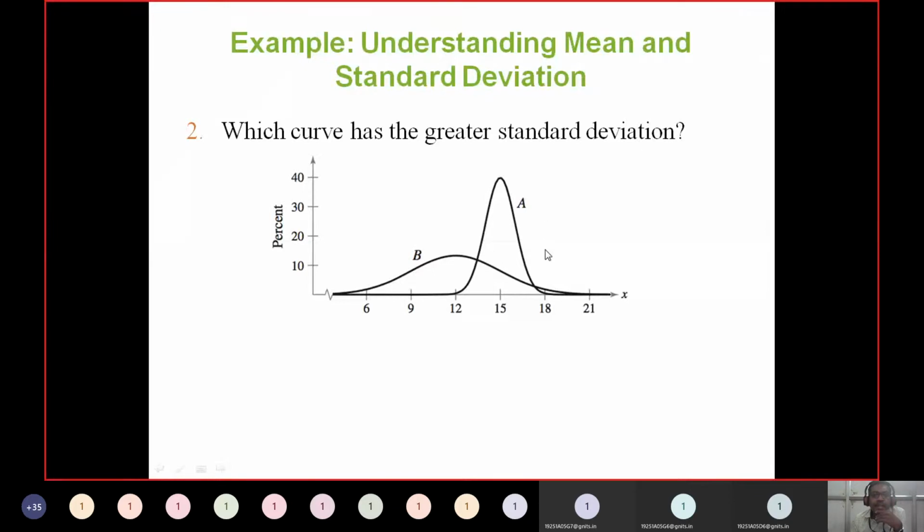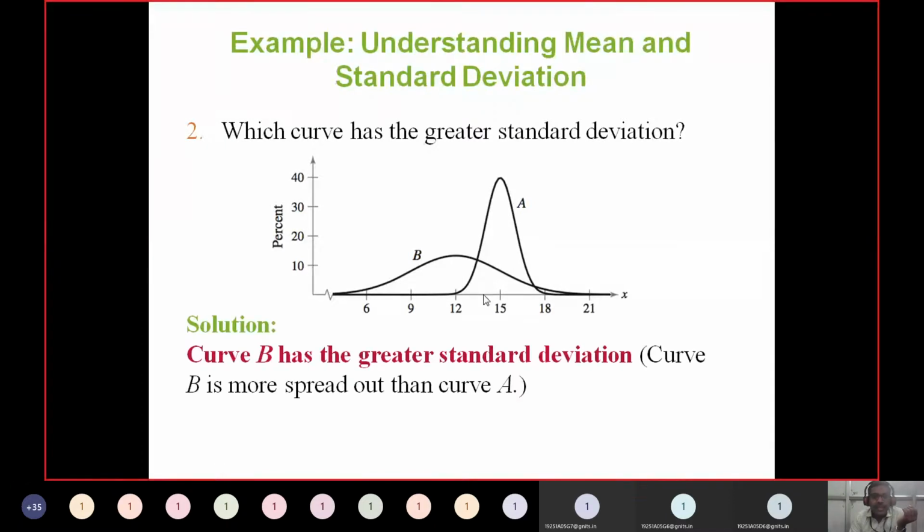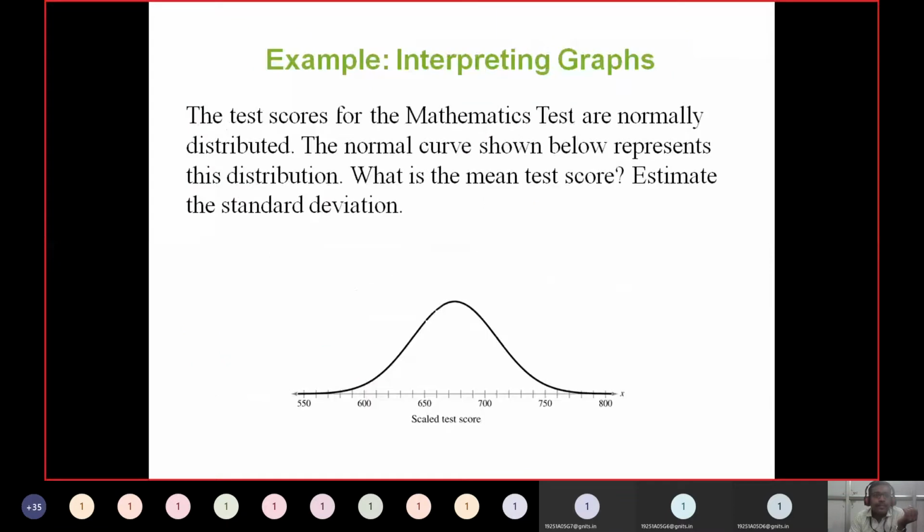Between A and B, which curve has more standard deviation? B. More spread means more standard deviation. For curve A, the spread is less, therefore it has less standard deviation. Curve B has more spread, therefore B has the greater standard deviation.